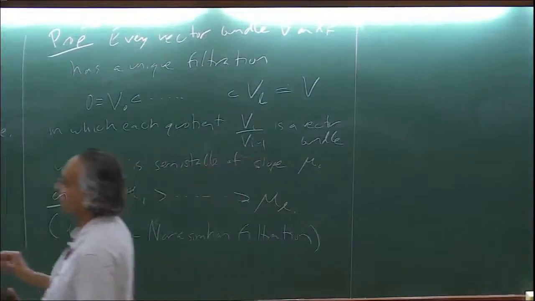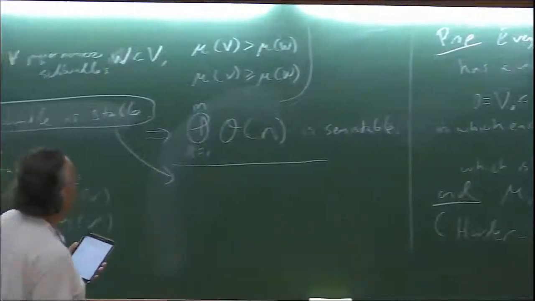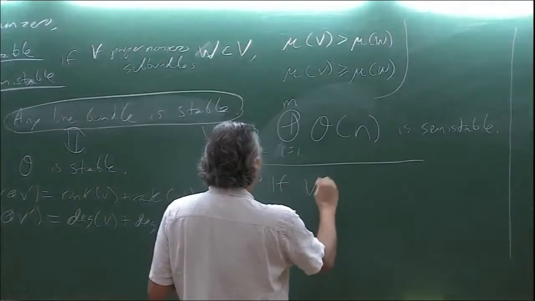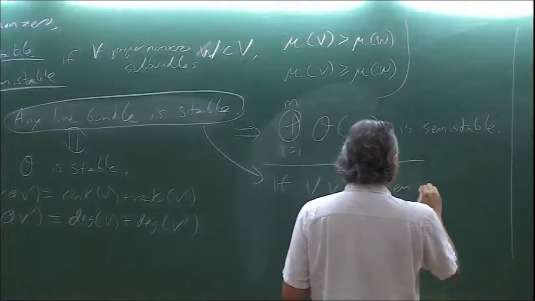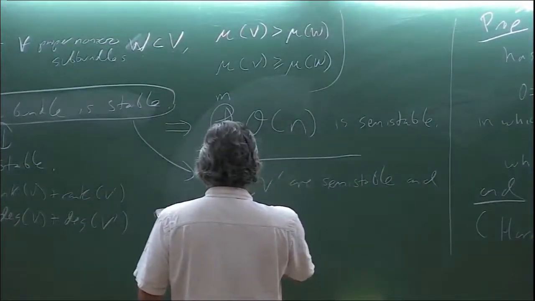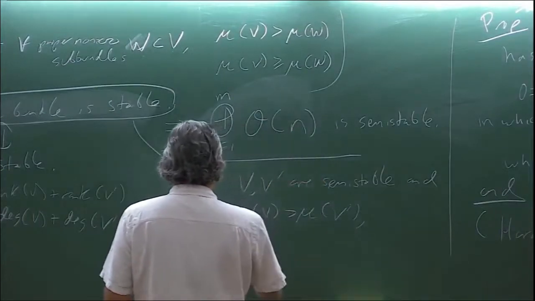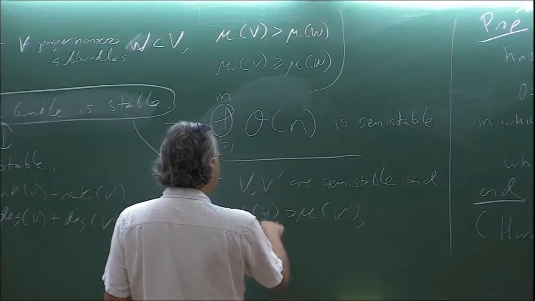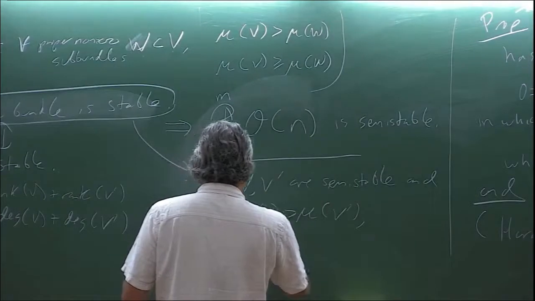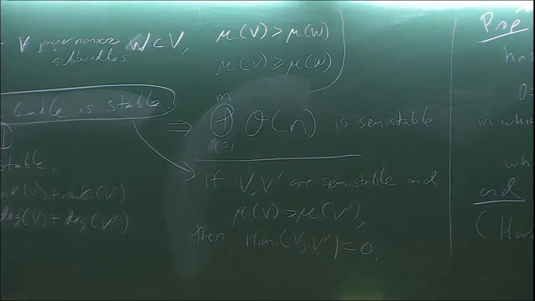I should make a comment, just for orientation purposes. One consequence of this is that if V and V prime are semi-stable, and mu of V is bigger than mu of V prime, then there are no morphisms from V to V prime other than the zero one.